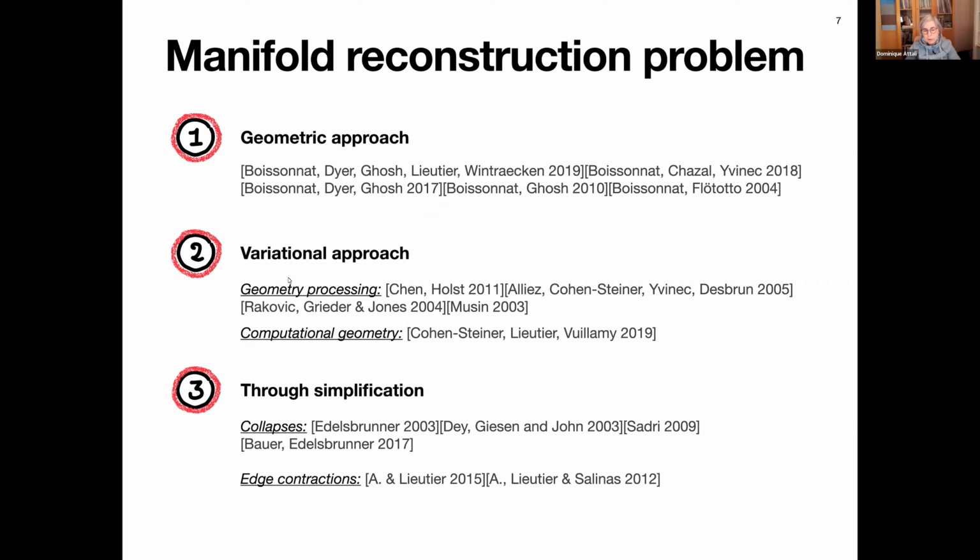We took inspiration for that from the work that colleagues do in geometry processing, in which they want to optimize meshes by moving vertices with respect to some energy. There is also another approach, which is that you would construct a rough approximation of your shape and then apply a sequence of simplifications like collapses or edge contractions. In this talk, I will not consider the third approach.